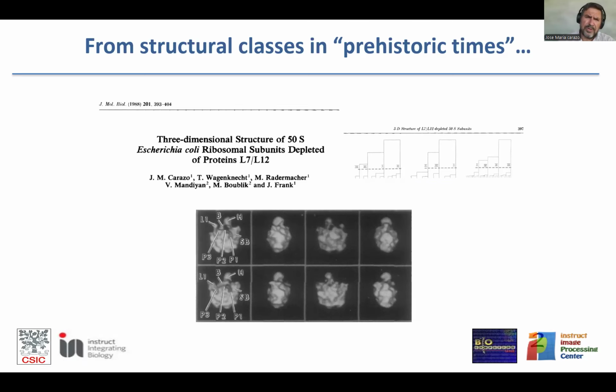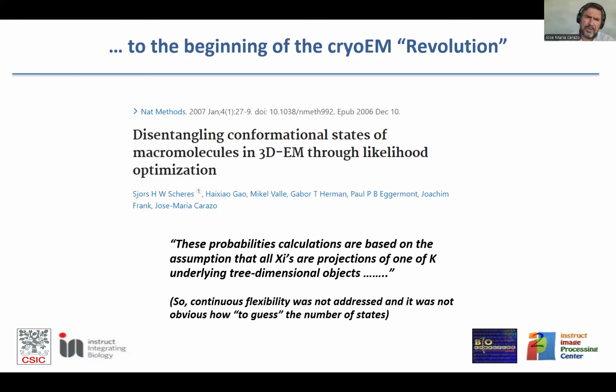And then the field waited easily 20 years until we developed something else. We developed something that has been commented before, with cryo images, images that were no longer negative stain, whose noise was between 100 and 1,000 times more than the signal that they contain.